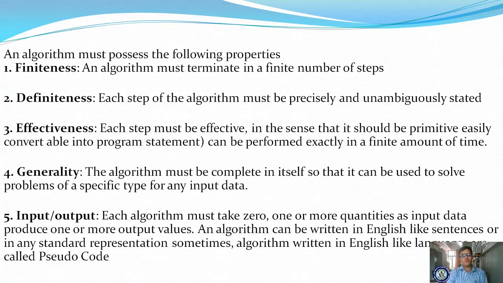Definiteness means it should be well defined, in a neat manner, and unambiguous means it has to be developed without errors, without mistakes.